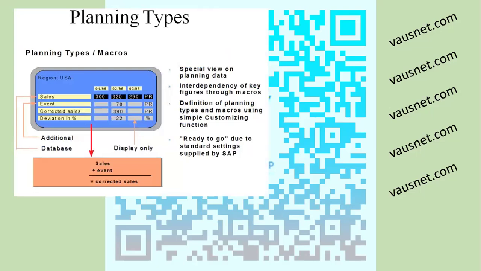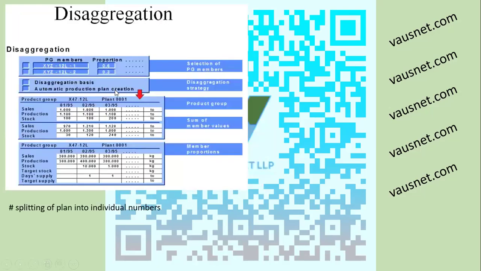Okay, now over here, these are basically how you actually plan out your quantities, and you also calculate the deviations based on sales plus event, which actually corrects your sales. So any special event can happen, for example, Thanksgiving or New Year, that will actually increase the demand. Okay. Now, disaggregation is basically splitting of plan into individual numbers.